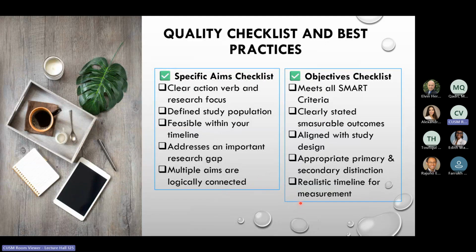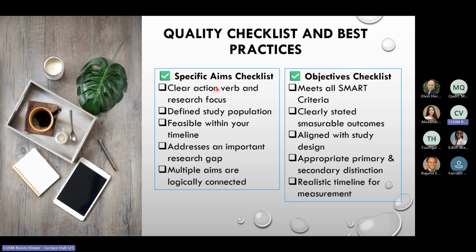Here's some quality checks as well. And again, I always recommend this, especially when you're writing specific aim statements and now research objectives. Run them by a colleague, a trusted peer who has expertise in proposal or research protocol writing, to get another pair of eyes to make sure that you're writing these objectives in very specific ways.